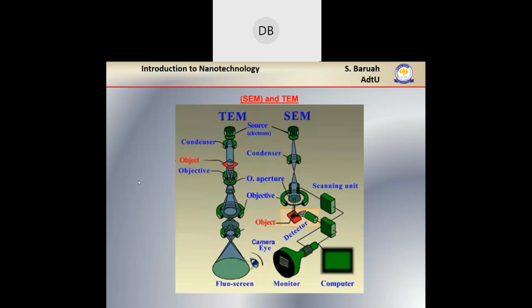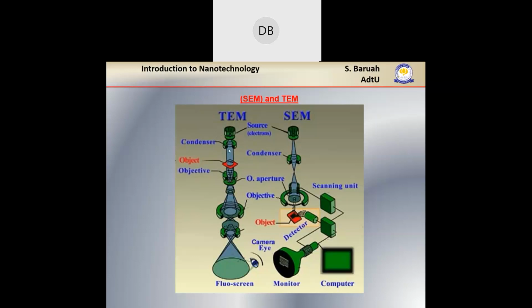But first understand that in a transmission electron microscope, your object, that means what you are observing, is somewhere here, just inside the tube through which the electron beam passes.